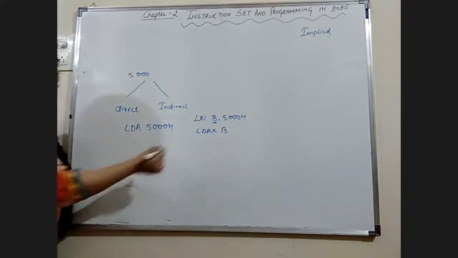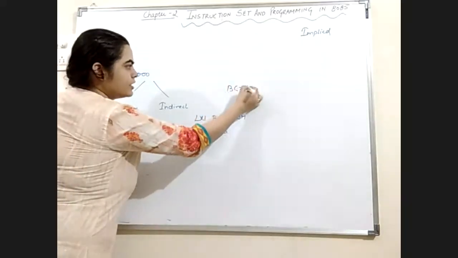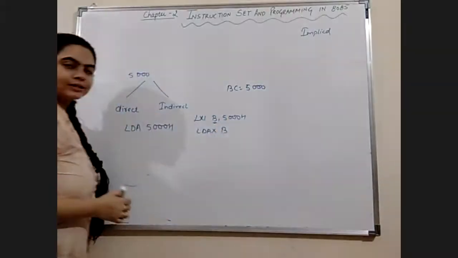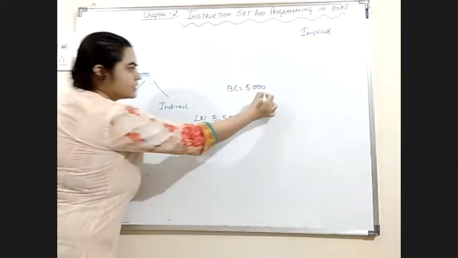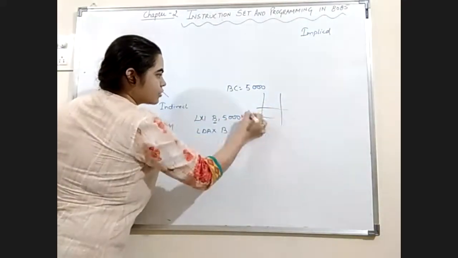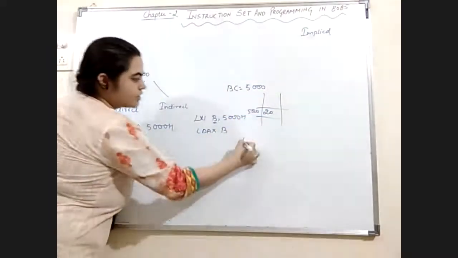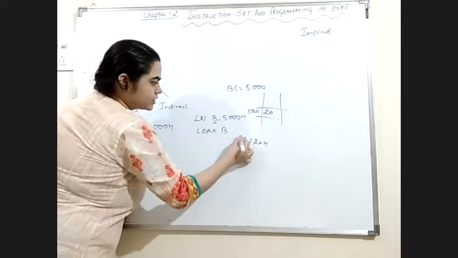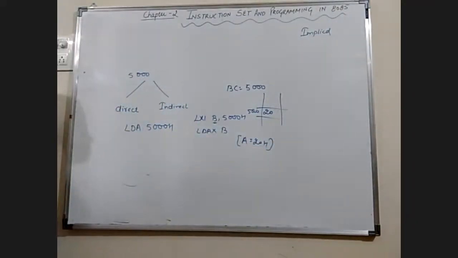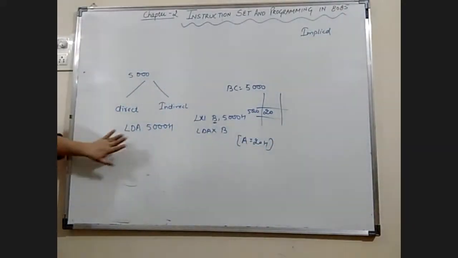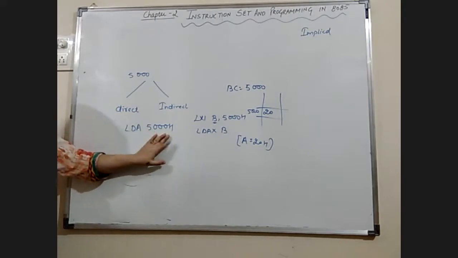So BC is initialized with 5000 as data. Now at this memory location 5000, suppose we have data 20. So this 20 will be loaded into the accumulator. So there are two ways to load the data into the accumulator from this memory location.